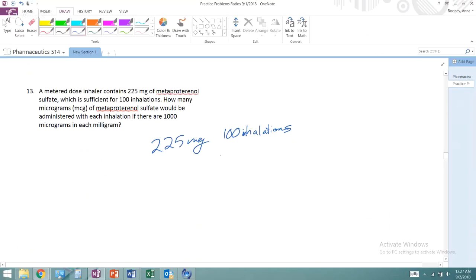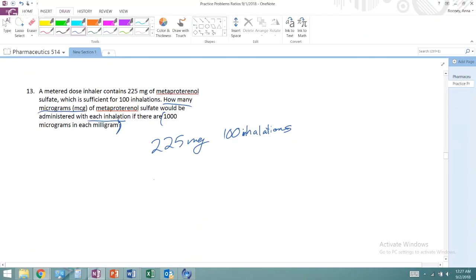How many micrograms would be administered in each inhalation if there are 1,000 micrograms per milligram? Well, you'll know that there's 1,000 micrograms per milligram, so this is extra information. Okay, so they want to know how many micrograms would be in each inhalation.